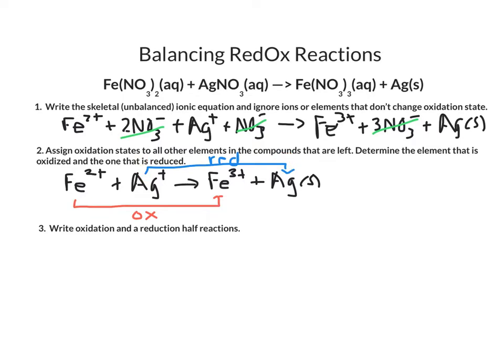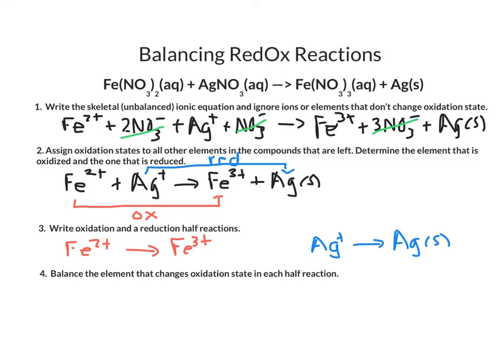So my oxidation half reaction is iron 2+ goes to iron 3+. And my reduction half reaction is silver plus goes to silver 0.